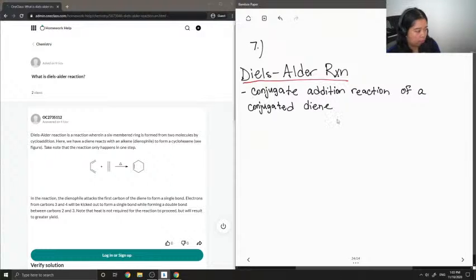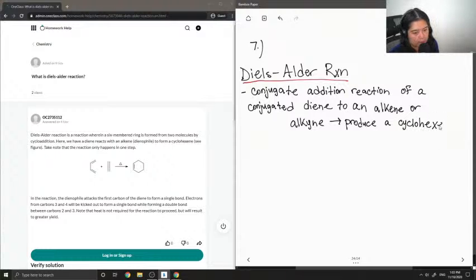So it means it has two double bonds to an alkene or alkyne. So in the end, you typically produce a cyclohexene.